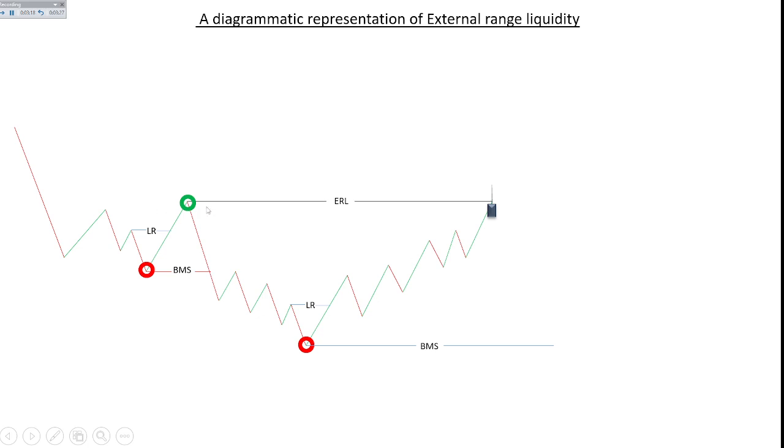Like I said, your change of sentiment is your external range liquidity, because when you have a valid break of market structure, price goes after taking out your low, looking for the next point of interest to mitigate.